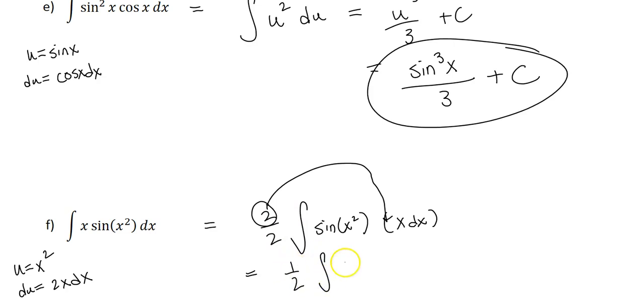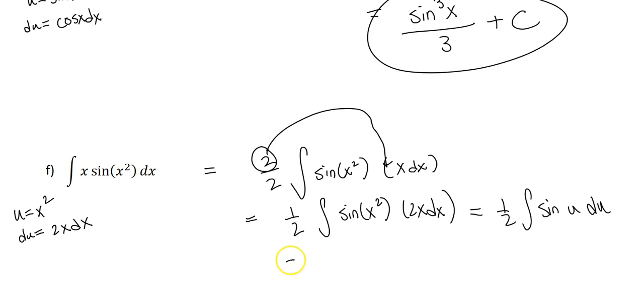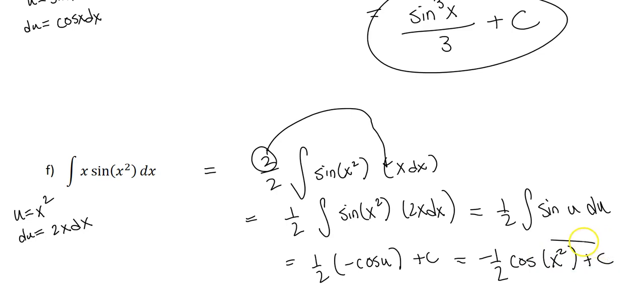So this is 1/2 times the integral of sine of x squared times 2x dx, which is 1/2 times the integral of sine of u du, which is going to be 1/2 times negative cosine of u plus c, or negative 1/2 cosine of x squared plus c. So just like with the derivative, you may end up with situations where you have a cosine or a sine actually as your u, or the u may be whatever's plugged into the cosine or sine.